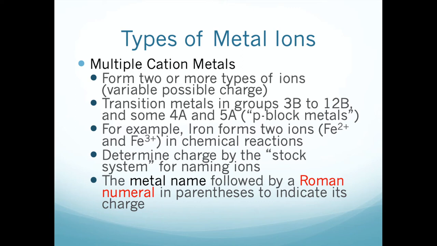To do this, we use what's called the Stock system. The Stock system uses a Roman numeral in parentheses to show you what the charge is on your ion. So for example, we would call this iron(II) using a Roman numeral 2, and we would call this iron(III) with the Roman numeral 3 to represent that 3+ charge.